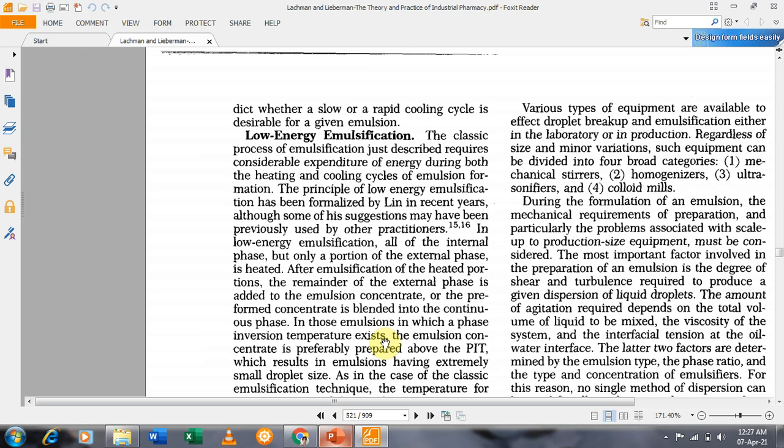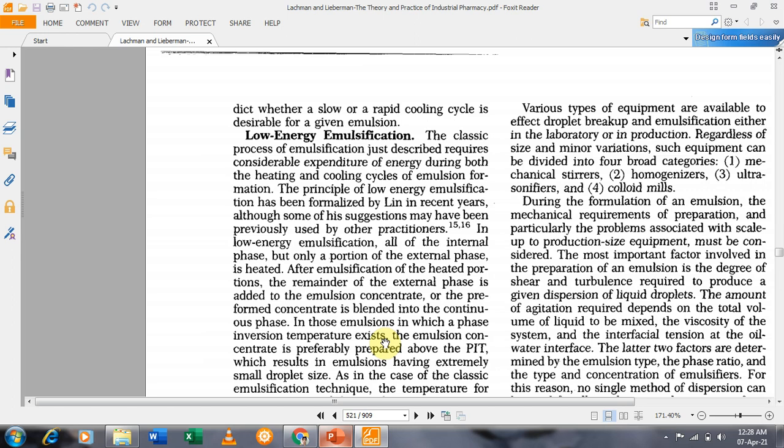During the formulation of an emulsion, the mechanical requirements of preparation, and particularly the problem associated with scale up to production size equipment, must be considered.